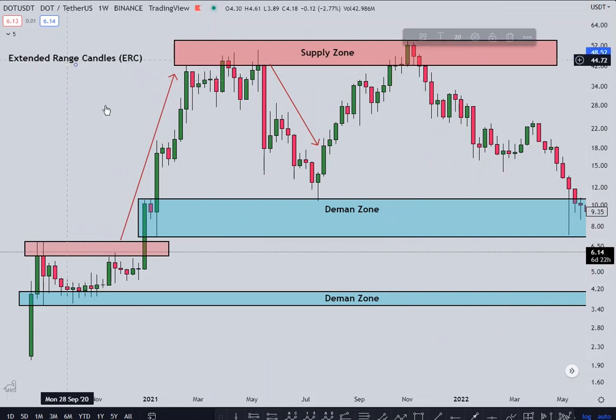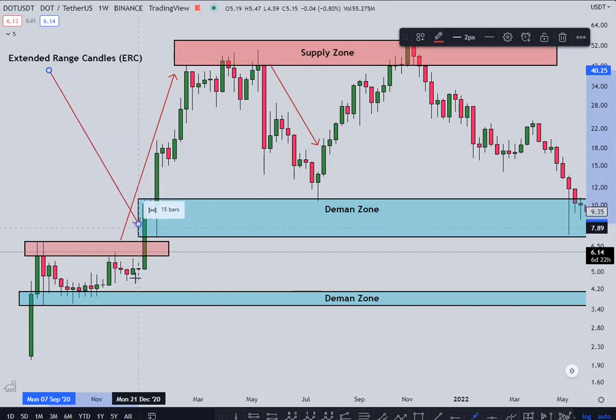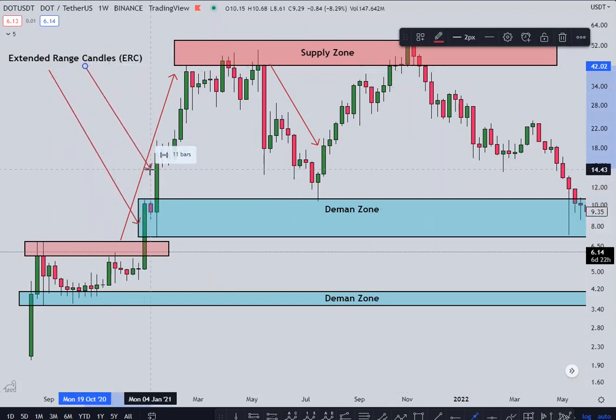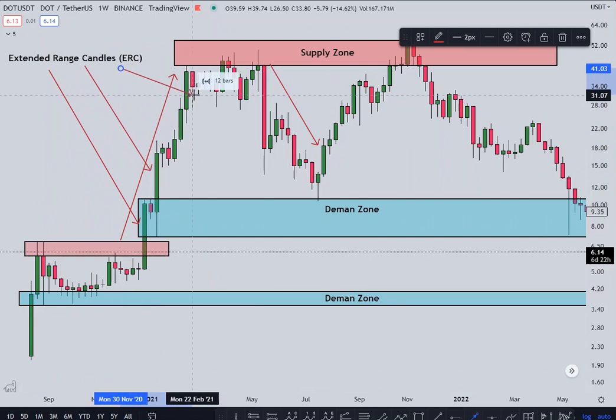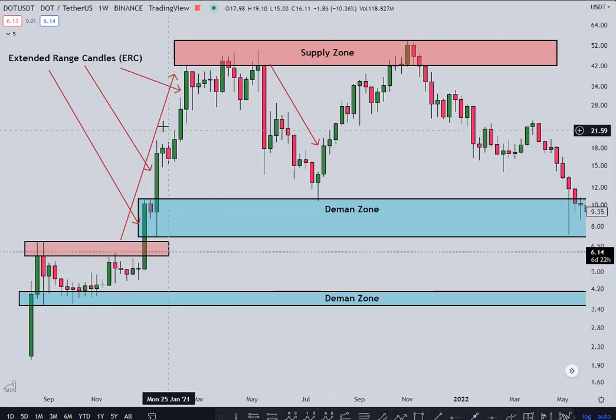So here, for example, in this chart, you can see this is an ERC candle. This would be another ERC candle. This would be another ERC candle. These candles are important for us.